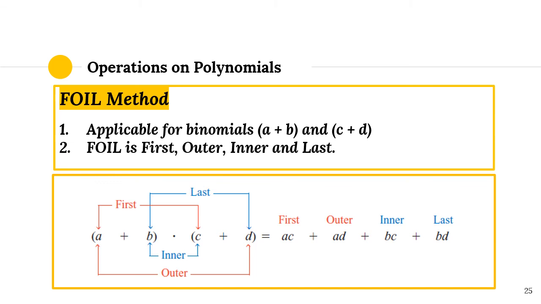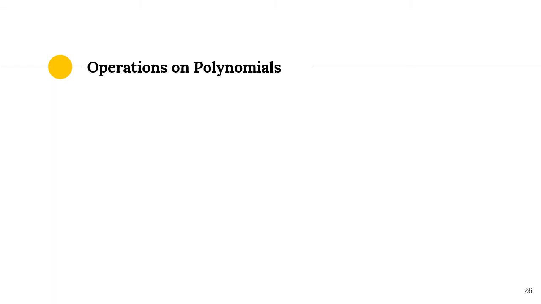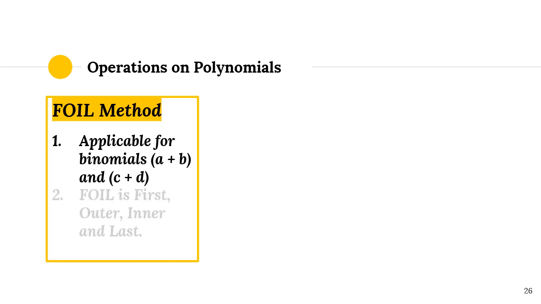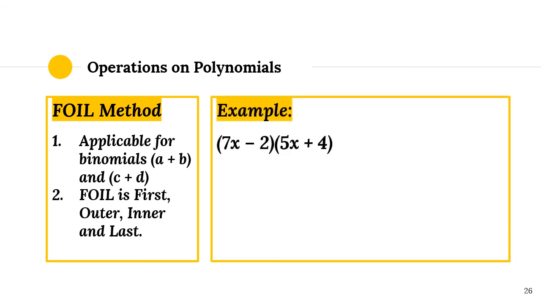So let's have an example utilizing the FOIL method. So we have here 7x minus 2 times 5x plus 4. 7x is our a, negative 2 is our b, 5x is our c, and 4 is our d. So let's utilize the FOIL method. First is the f, or the firsts. The firsts is 7x and 5x.